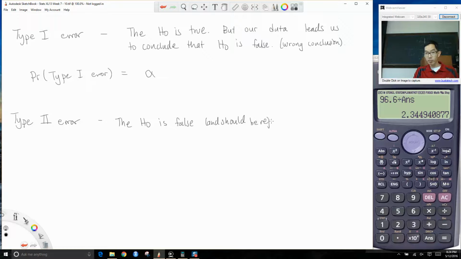Okay, but either we don't have enough data or we were too cautious with our conclusions or whatever, and we don't reject the null hypothesis.